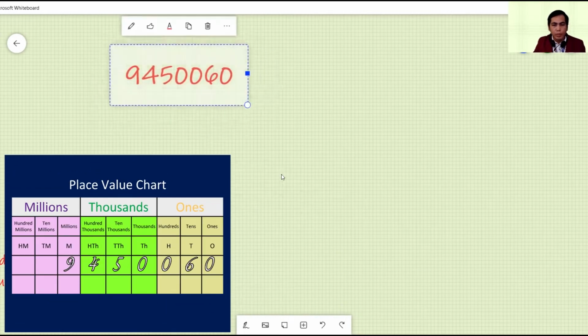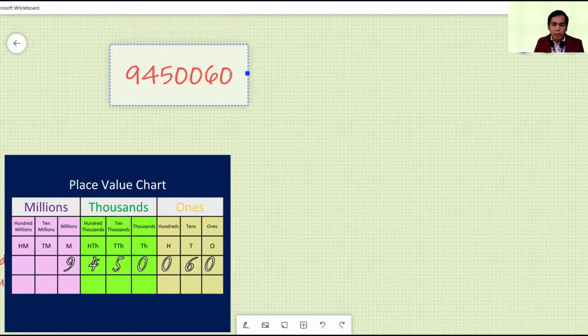If we look at our numeral, we cannot identify immediately how many periods it has because it is not written properly. So, for us to immediately identify the number of periods that a given numeral has, we have to separate it by period.